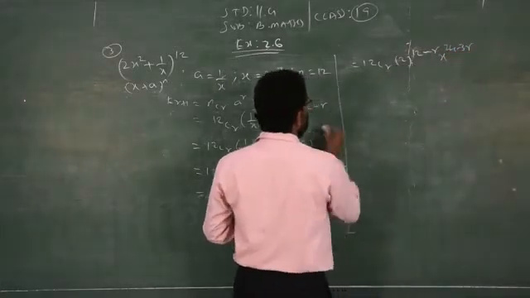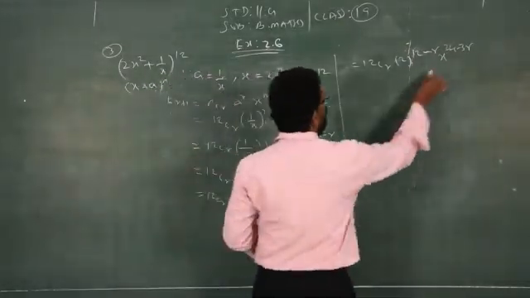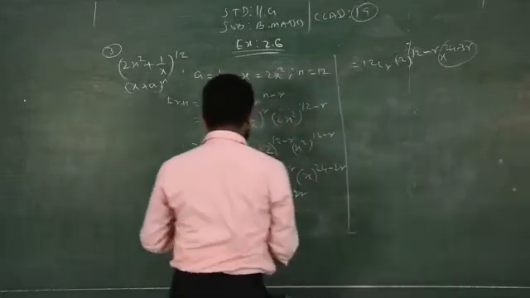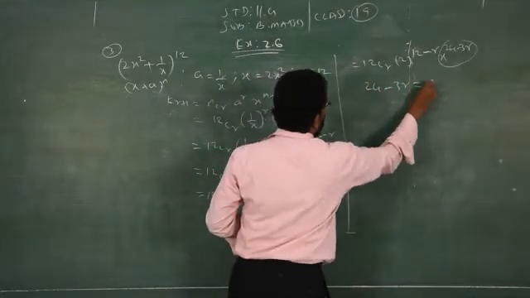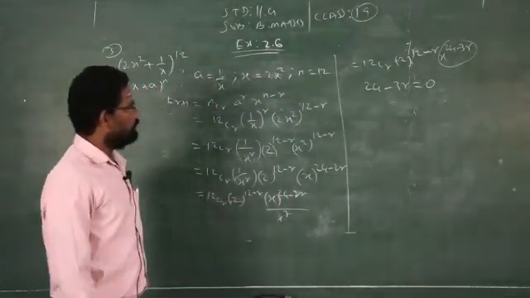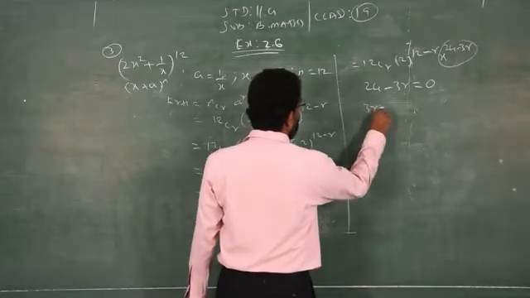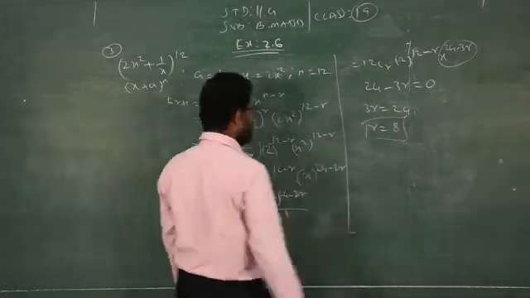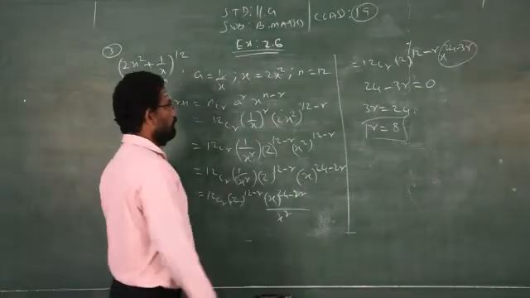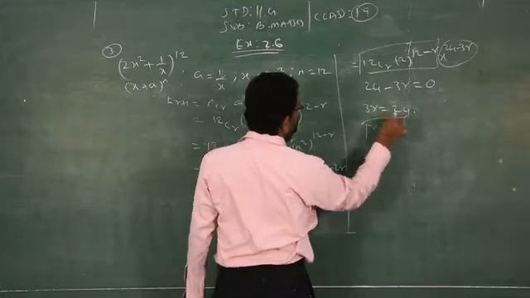So independent terms are constants. To find the independent or constant term, you have to equate the power of x, that is 24 minus 3r, to 0. The power of x is always equal to 0 in the case of an independent or constant term. So 3r is equal to 24, and you will get r is equal to 8. After finding r equal to 8, as I told you already, take this part alone and substitute r equal to 8.